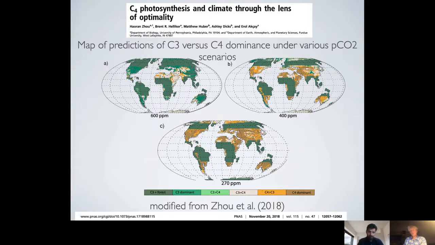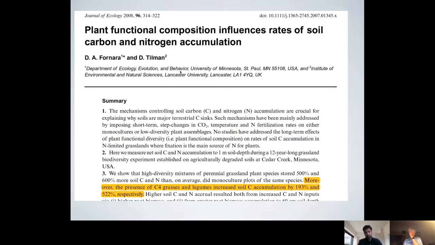So that's a question for the Miocene. But the story is more interesting than that, because C4 plants themselves draw CO2 out of the atmosphere.